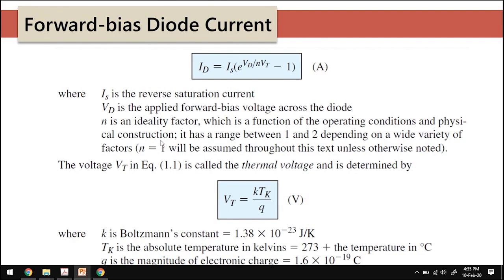Unless in the question it is given what the value of eta is, you'll always assume that it is 1. Vd is the voltage across the diode. ID is the current through the diode. This subscript shows that this is the current through the diode D. This Vt is called thermal voltage, and it is equal to kT by q, where k is Boltzmann constant, q is the charge of an electron, and T is the temperature in Kelvin.